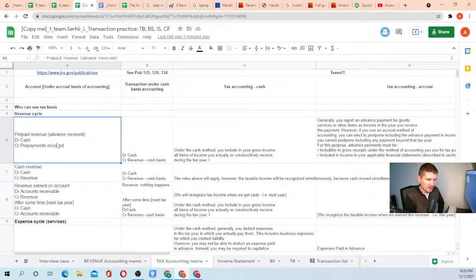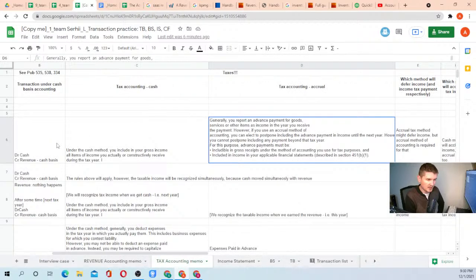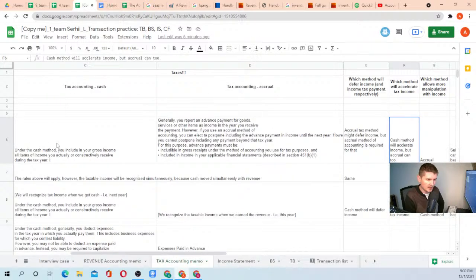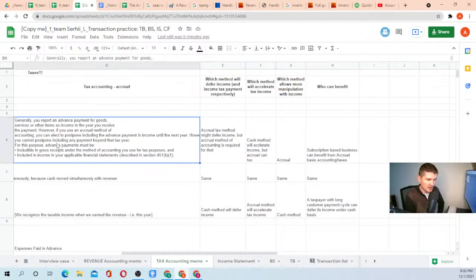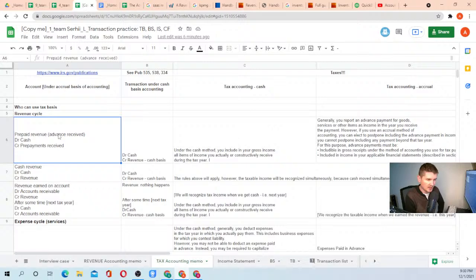If we report our taxes on the cash basis, we will recognize income when we receive the cash, not when we actually should recognize revenue, so earlier. If we are under the tax accrual method, we actually have a choice to either recognize when we get prepayment or to use accrual basis. Basically, when to recognize taxable income, when we recognize revenue. You can review one of the previous sessions about that topic.